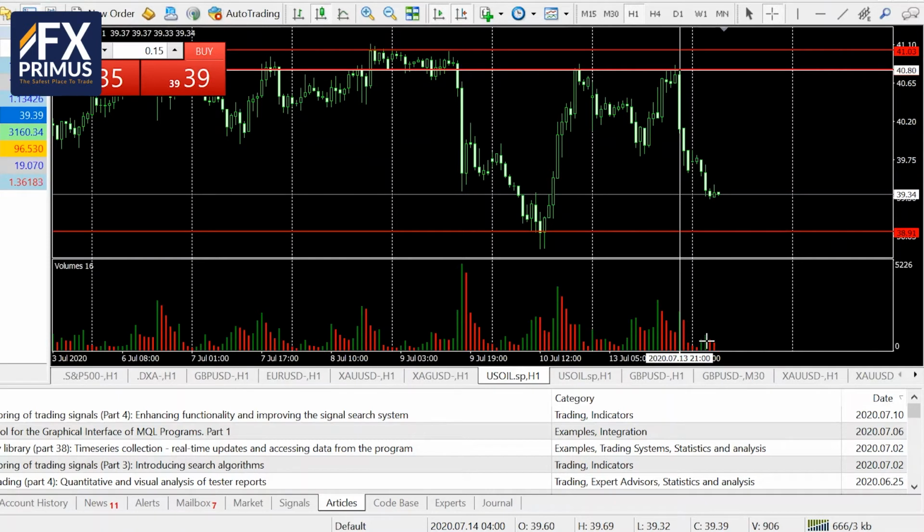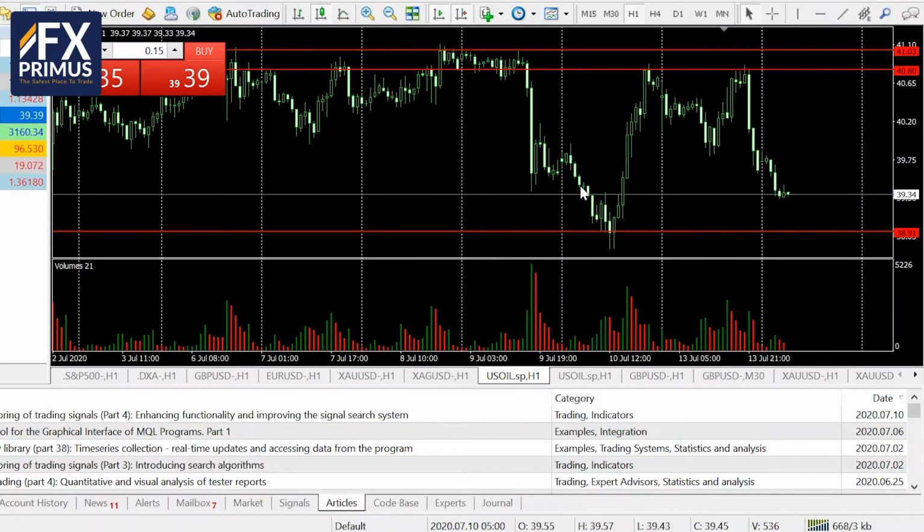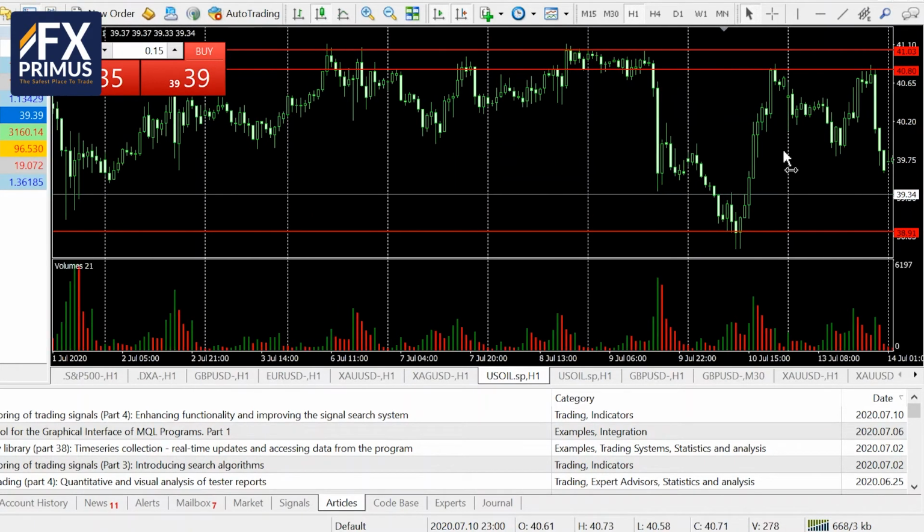You need to add 5 hours again, so it's 26 minus 24. This is 2 a.m. local Singapore and Malaysia time. The oil prices dropped pretty drastically from $40.80 all the way to a low of $39.62.